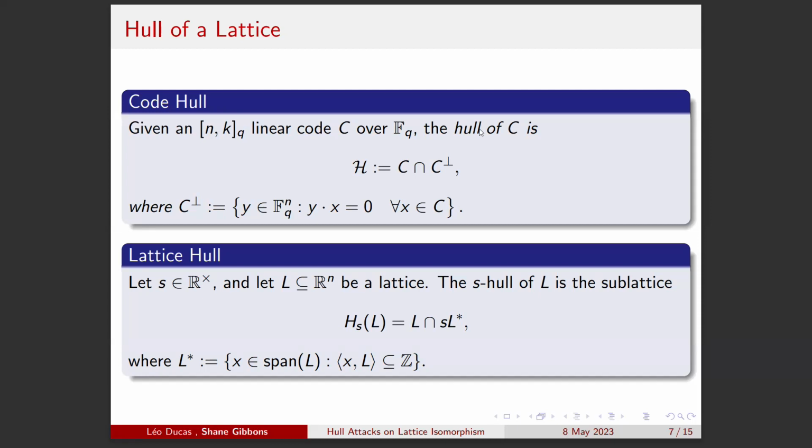We're allowed to do this because it doesn't affect the property of the hull that these code equivalence notions use, which is that the hull of some permutation of your code is the permutation of the hull of your code. And the same in lattices: using this definition, the hull of a rotation or isomorphism of your lattice is equal to the isomorphism of the hull of your lattice.